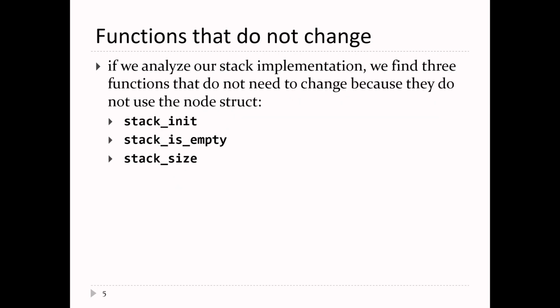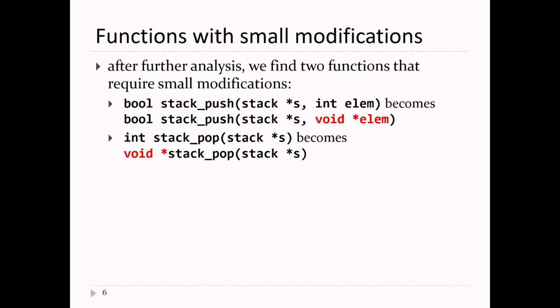Some functions don't change. Initializing a stack, nothing changes. Checking if a stack is empty, nothing changes. Getting the size of the stack, nothing changes. The only things that are going to change are push and pop, and we have to make some small modifications to their function declarations.